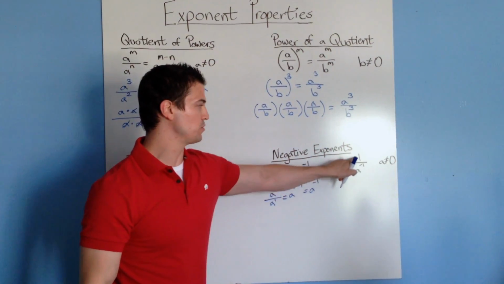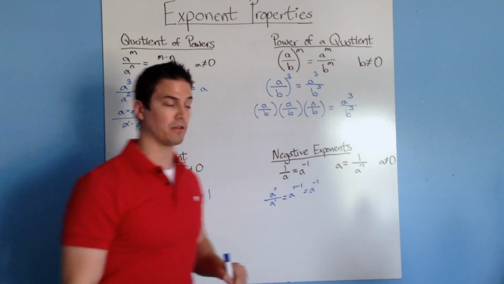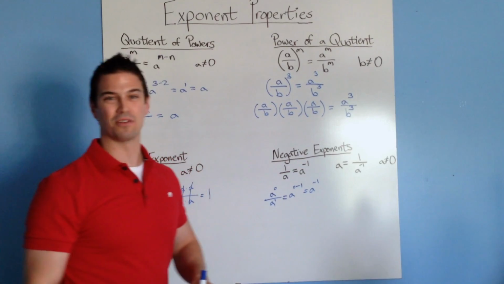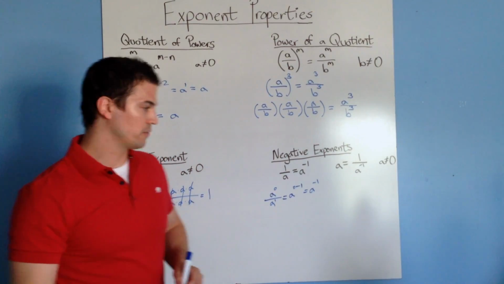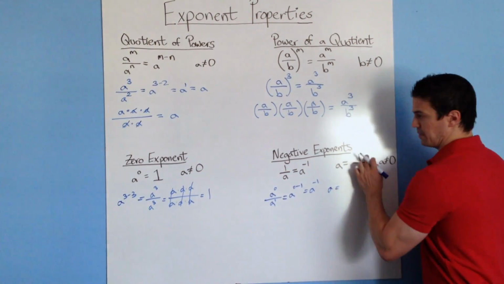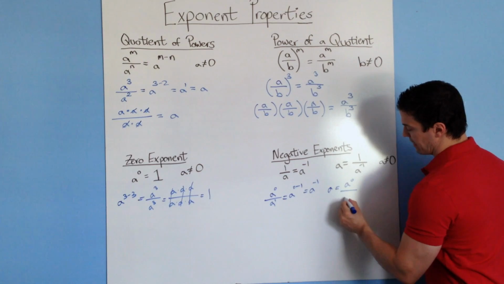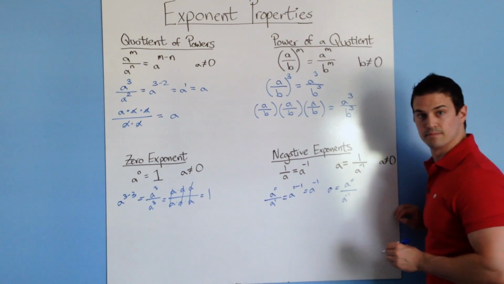So it's a equals 1 over a to the negative 1. Again, a can't be equal to 0 because you'd be doing the inverse of 0. We can't do that. Okay, so I'm going to say a is equal to, I'm going to substitute the a to the 0 power again up top for the 1, divided by a to the negative 1.